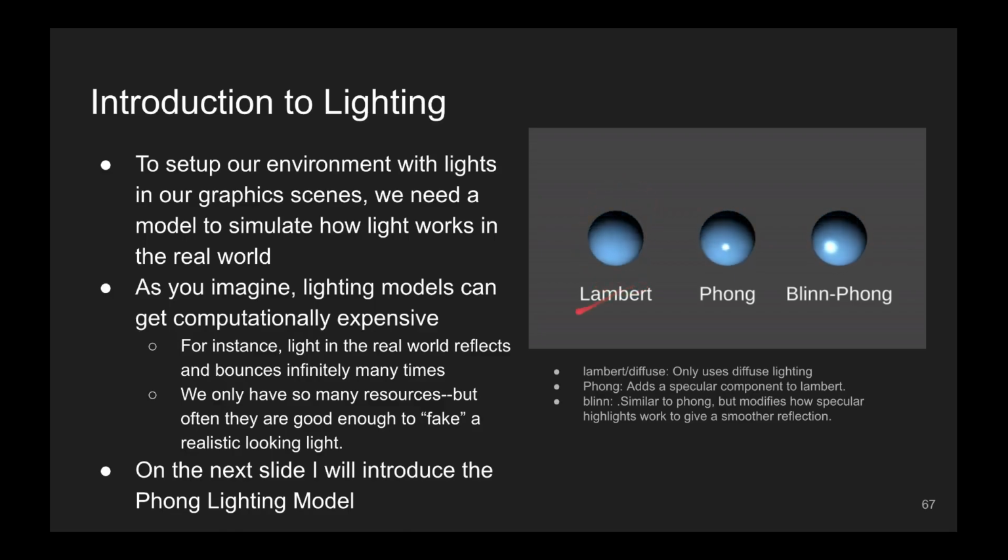So something like this Lambertian style of shading might be realistic enough, but then you'll also notice usually if you shine a light against something, you'll get some light reflected directly back at you, and that's what this white spot is. And you can notice it's a little bit different based off these different models, but we're going to focus on Phong illumination in this class here.